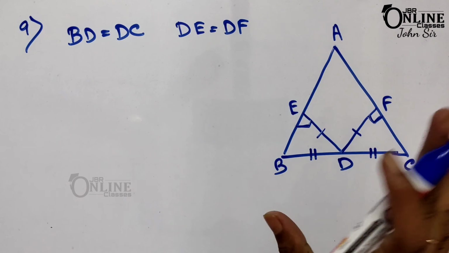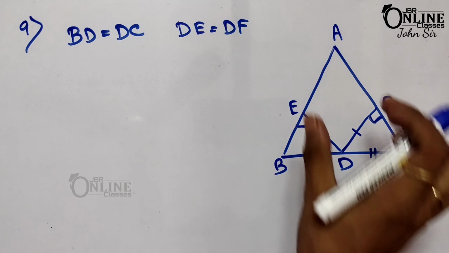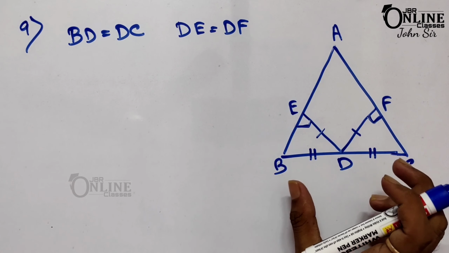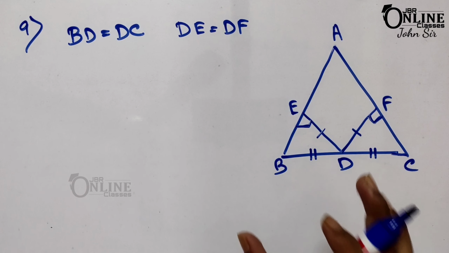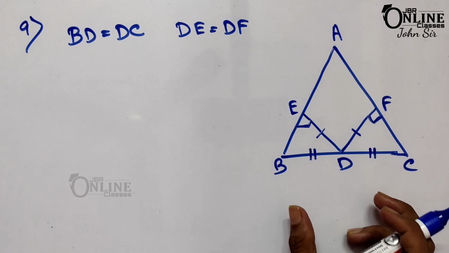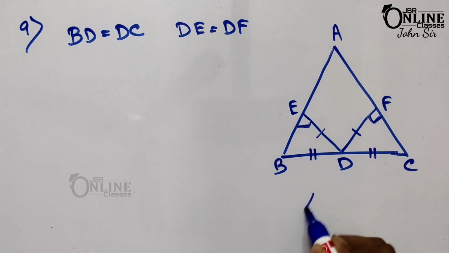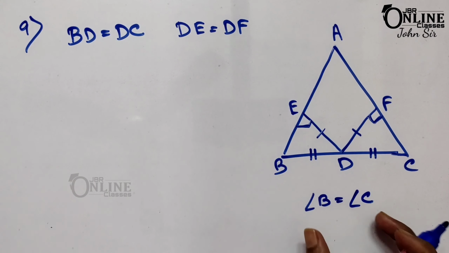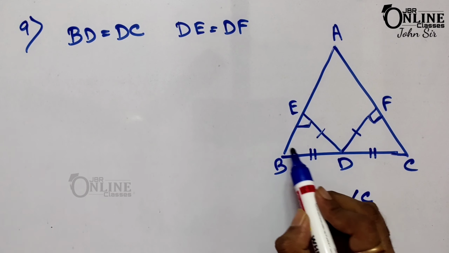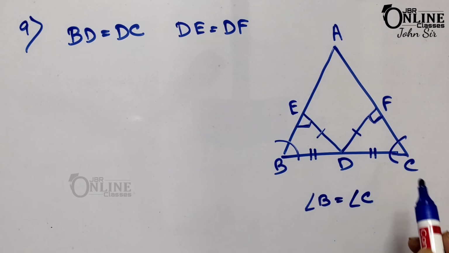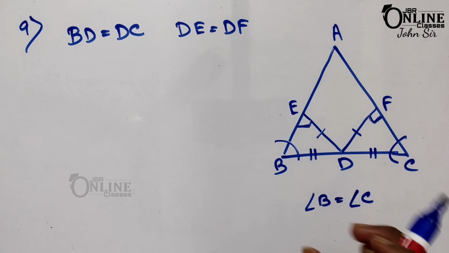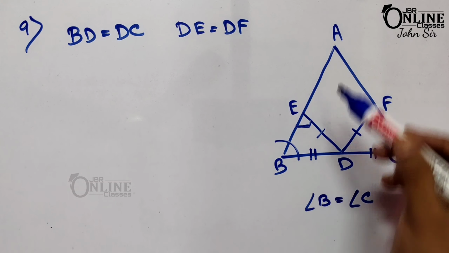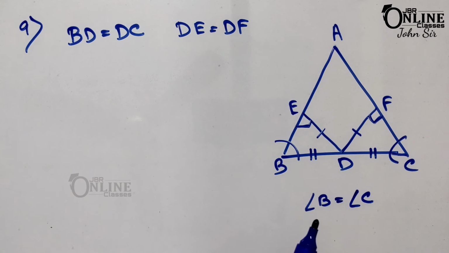Isosceles triangle means, you know, two sides of the triangle will be equal, as well as the two angles will be equal. So if you prove that angle B equals angle C, that means this angle and this angle will be equal, then you can easily say that triangle ABC is an isosceles triangle.